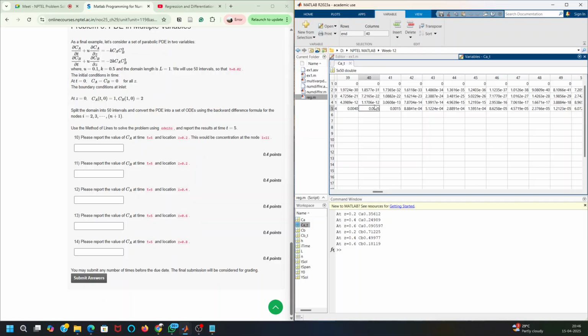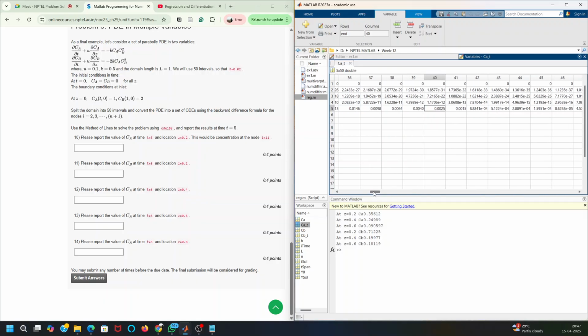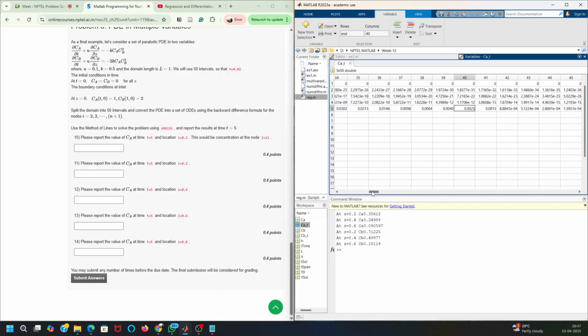Sorry, 0.8 you will get at how much? 10, 20, 30, and 0.2. We have how many seconds? 50 seconds.